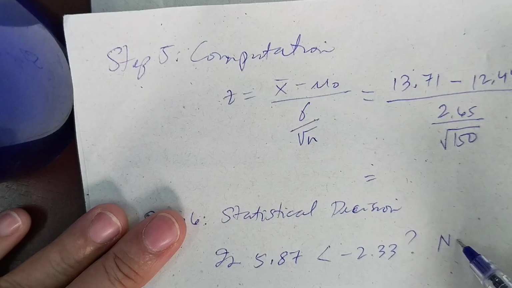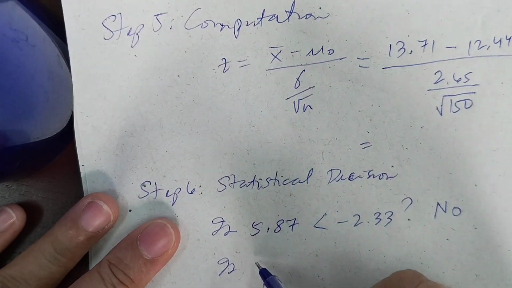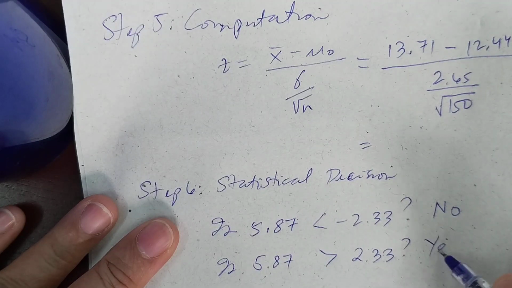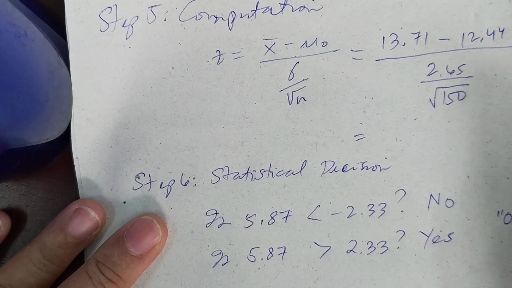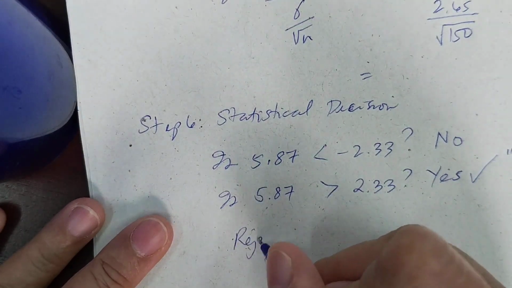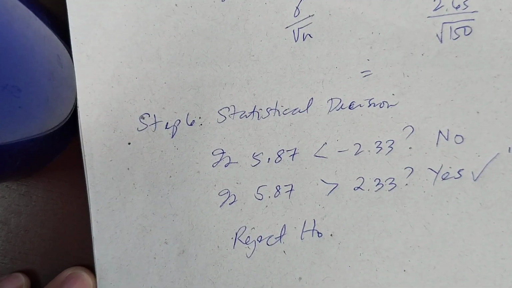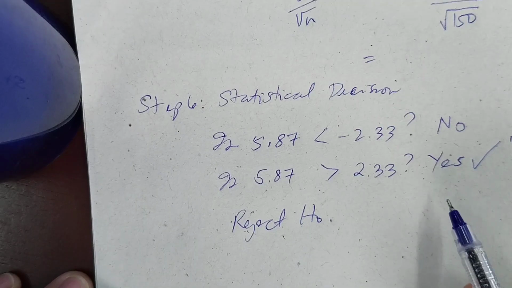This is a no. But there is an or, so there are two conditions. Is 5.87 greater than 2.33? Yes. If at least one is satisfied, because the word there is or, automatically we reject H0. Our decision is to reject H0 or do not reject H0. Do not think of H1 anymore. So, the decision is to reject H0 because the rejection region is satisfied.